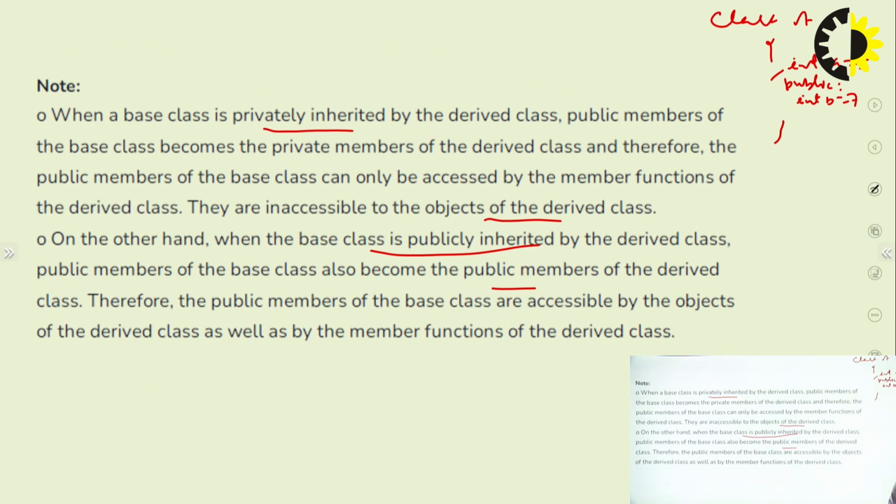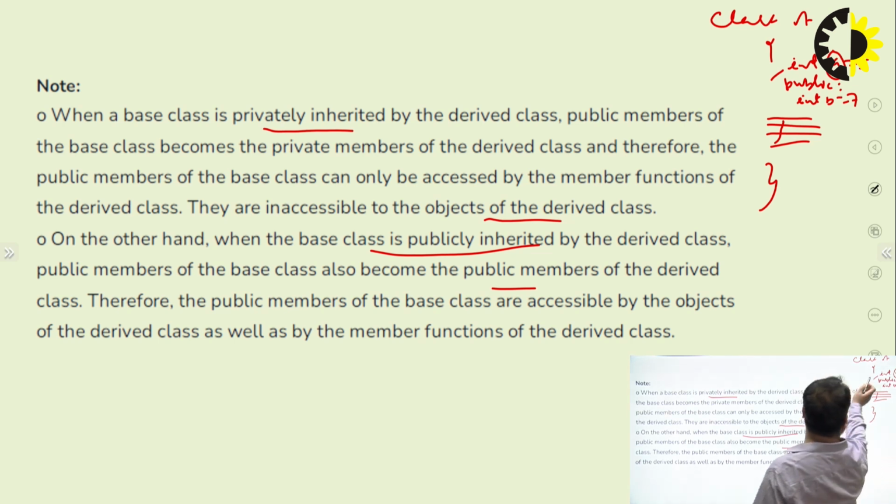So A is a private member. A private member in a class could only be accessed by the member function of that class.